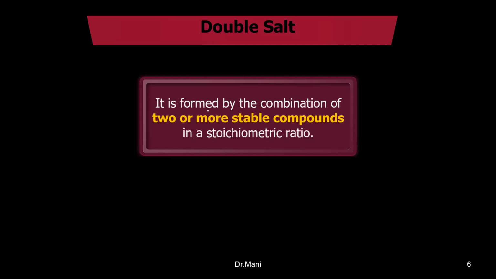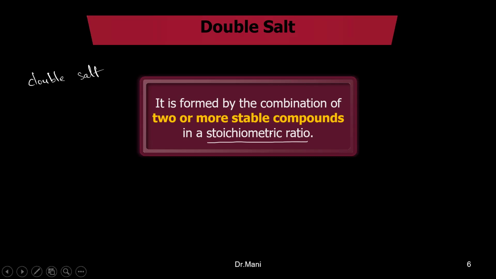What is a double salt? It is formed by the combination of two or more stable compounds in a stoichiometric ratio. Remember this. The double salt is created by combining two or more different stable compounds, and they should combine in specific, precise proportions.